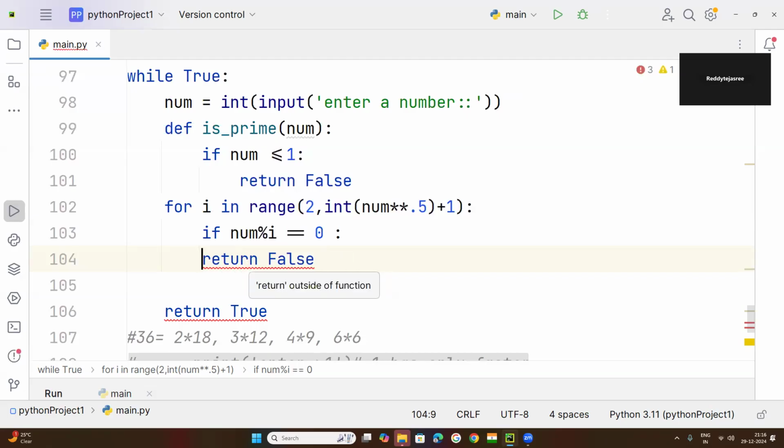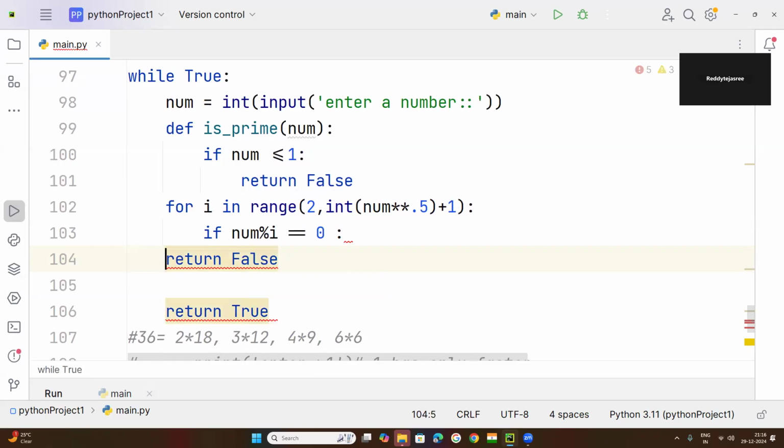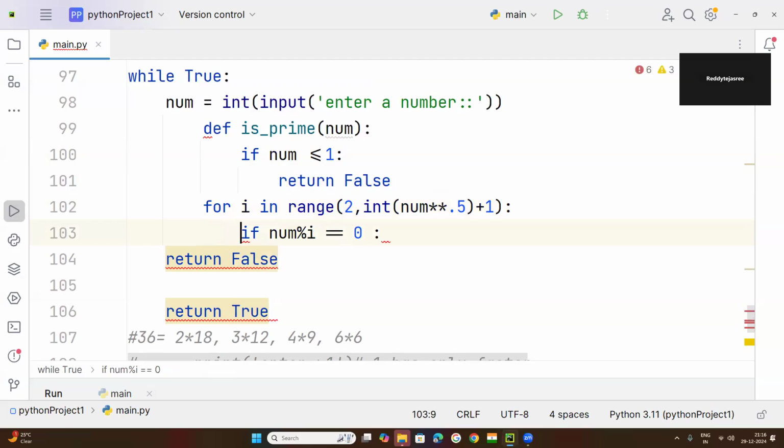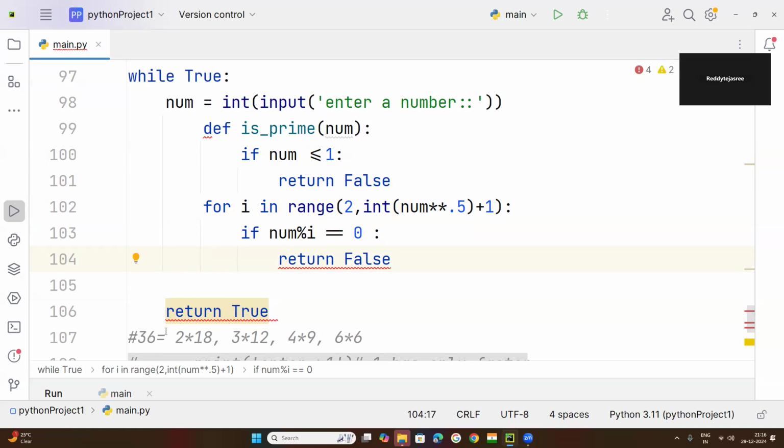So, what should I do? Unexpected indent.